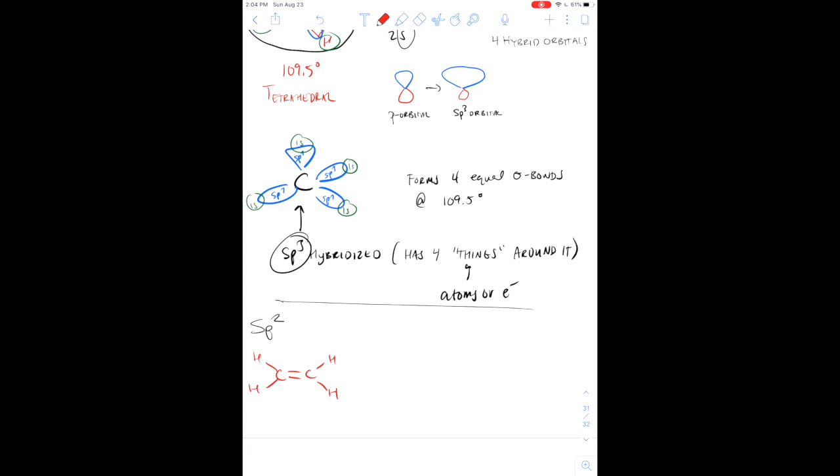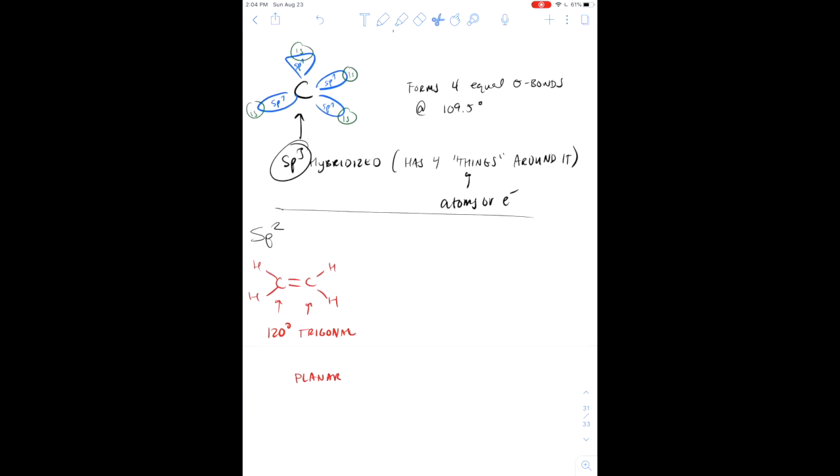You probably remember this structure from general chemistry, and each of these carbons has a 120 degree angle between all of the bonds, and at each of the carbons they're said to be trigonal planar.